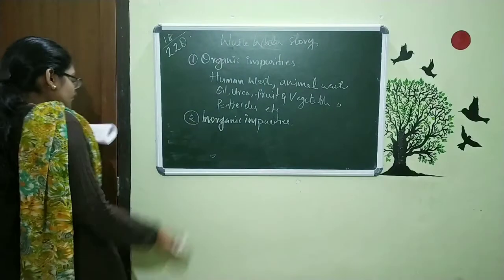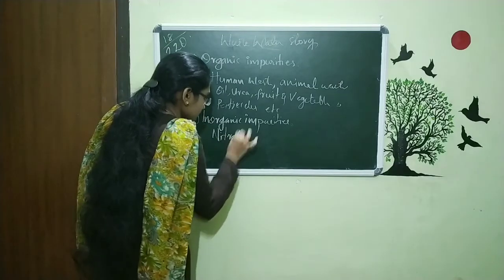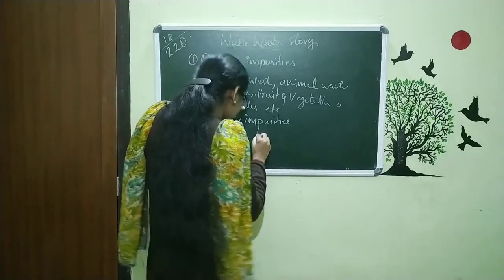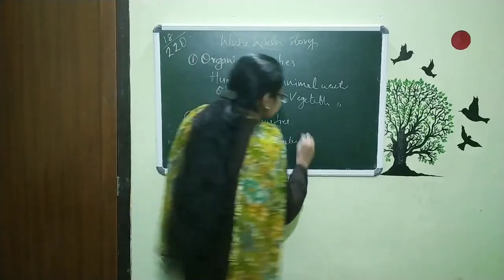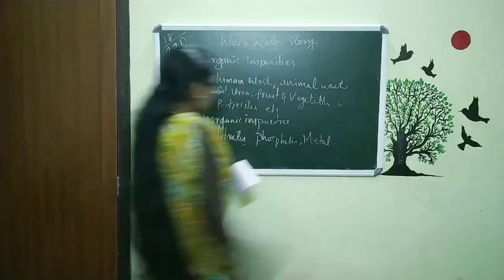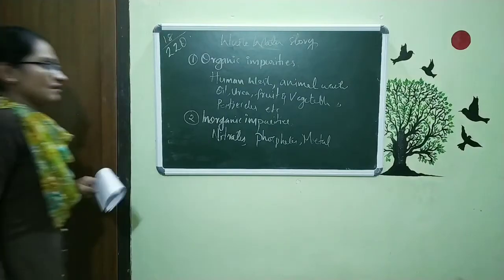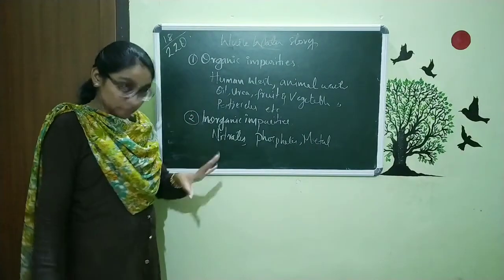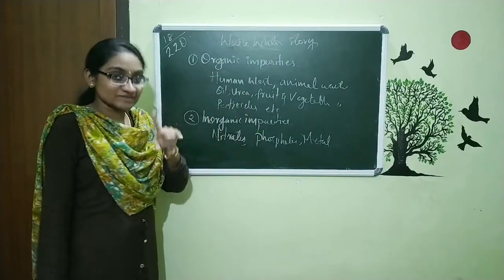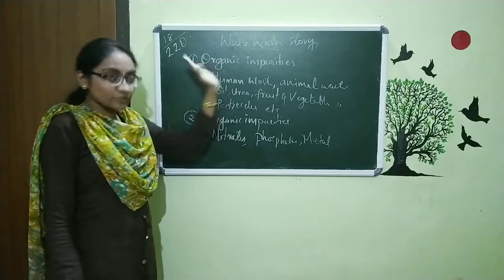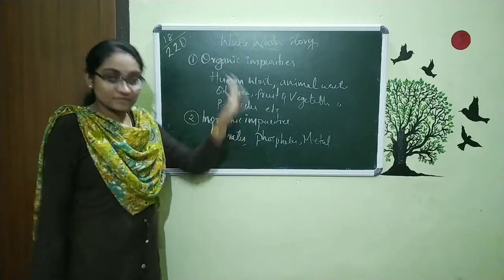The inorganic impurities include nitrates, phosphates, metals, etc. So another type of impurities is also there, we can discuss. You just want to remember the examples for the organic impurities and for the inorganic impurities.